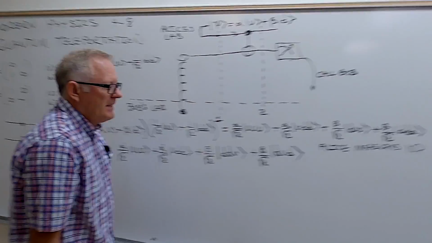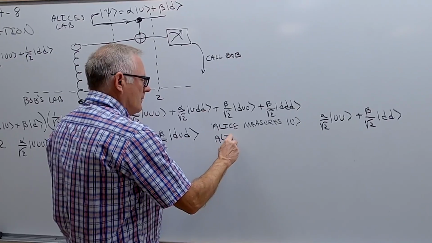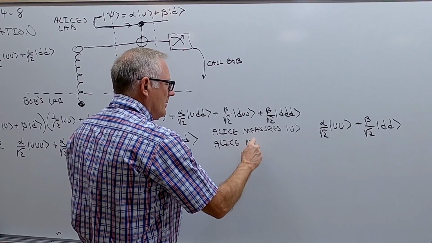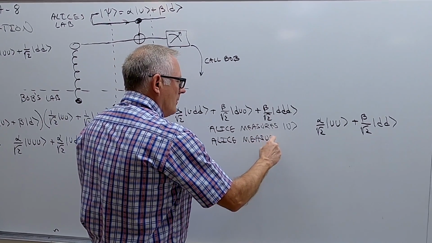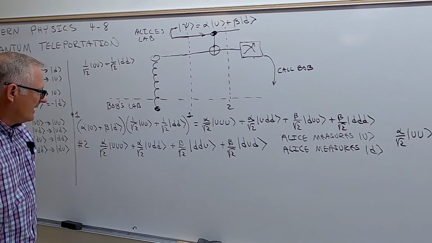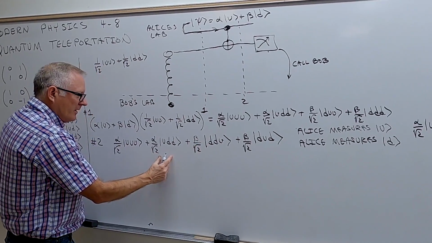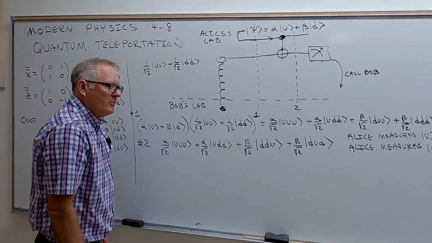If Alice measures down, she's got to measure one or the other, well then it just goes to this state and that state right here, because that's the one where the middle one was down.